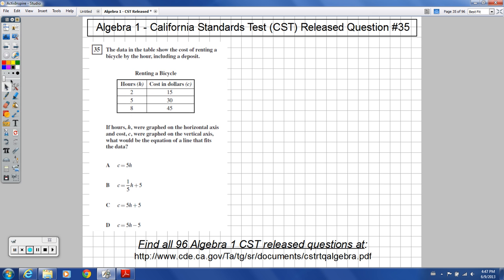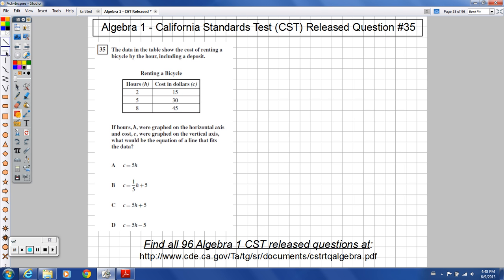So let me use black for right now to make my axes. And because I'm dealing with money and hours, these are positive values here. I'm just going to draw the first quadrant values.